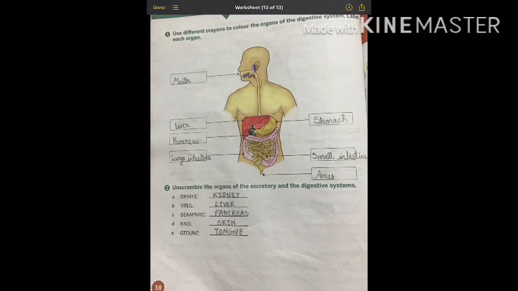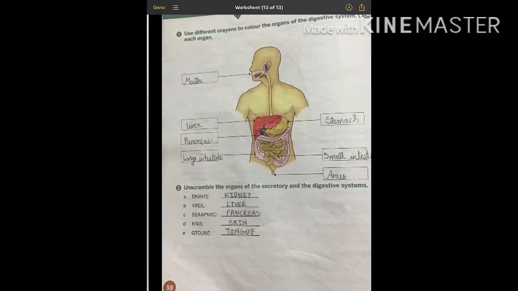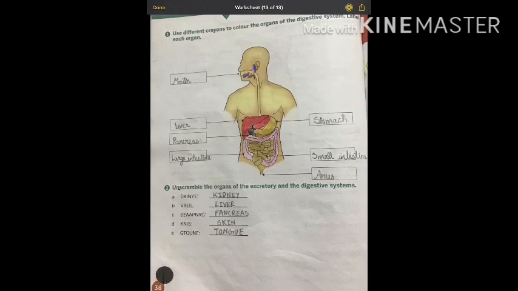Looking at this, you can write down the answers, and you can unscramble the words given here. Here the excretory organ names are there, but you have to unscramble them. Means the spelling is given wrong here, you have to correct the spellings. The alphabets are just shuffled, you have to put them in the correct order like this. So I hope you have understood the chapter.